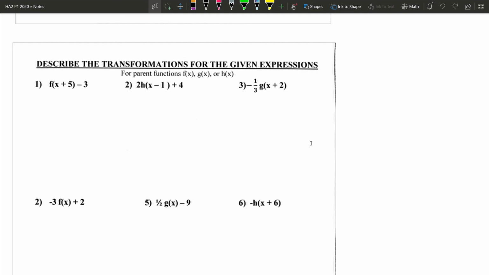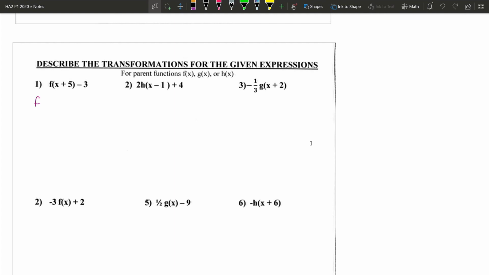So number one, f of x plus 5 minus 3. What do you think that means? Let's say that f of x is x squared, okay? I'm going to choose a random parent function.